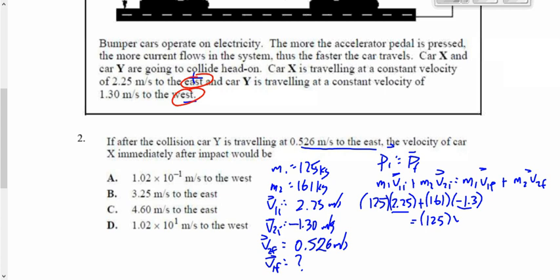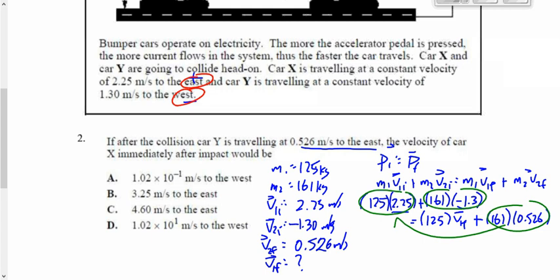M1 is 125. V1F is what we're looking for, plus M2, which is 161, times V2F, which is 0.526. All right, so get this number and add them together. Well, it's like subtracting, because the second number is a negative. Get this number, and then take it over to the other side by subtracting.